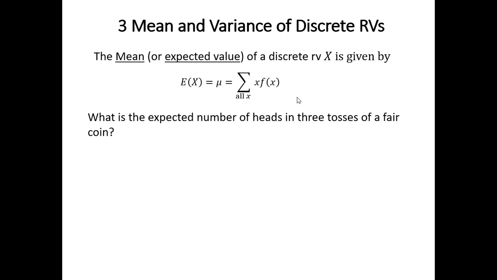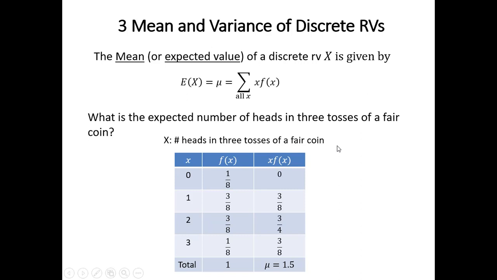So as an easy example, what's the expected number of heads in 3 tosses of a fair coin? Well, let's let capital X be our random variable. Right, it's our discrete random variable. Let it denote the number of heads in 3 tosses of a fair coin. Then you could see here we have our probability distribution.